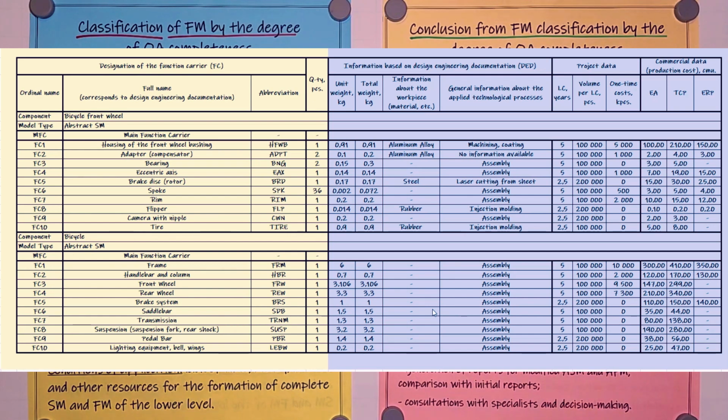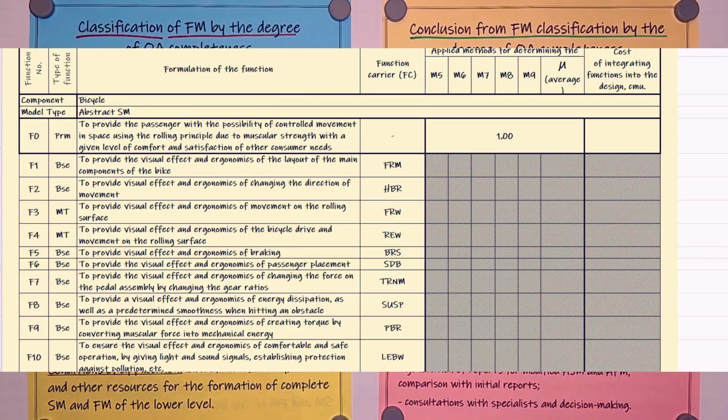In this case, the structural and functional model of the bicycle should be clarified by introducing basic and additional options, or in accordance with the terminology of value analysis, basic and additional functions.